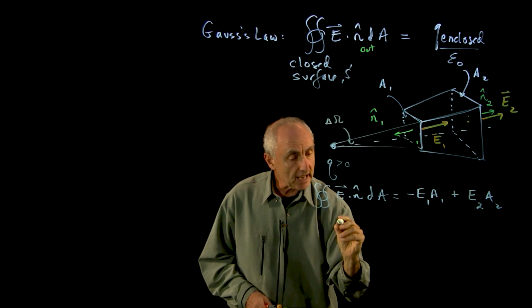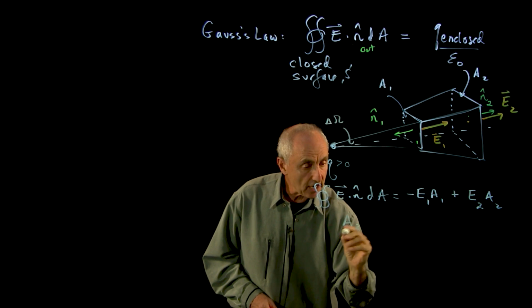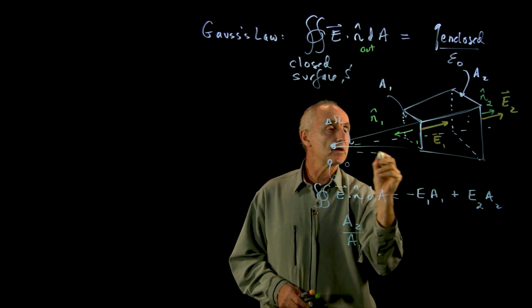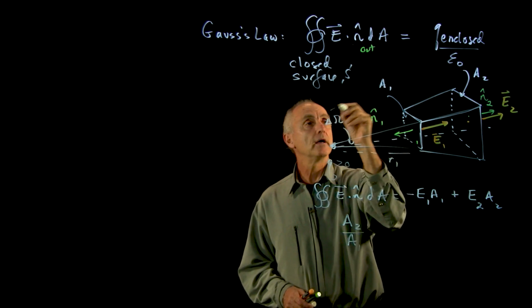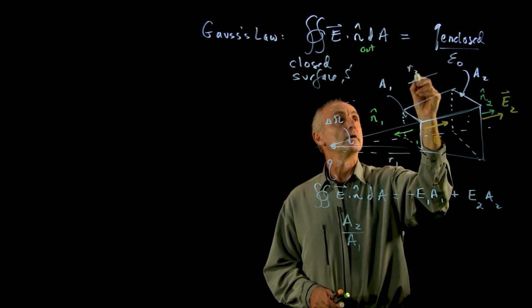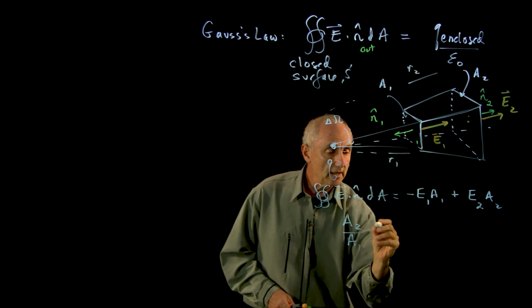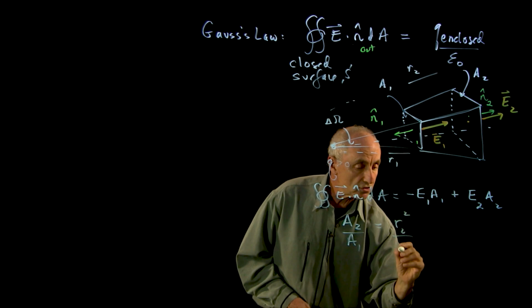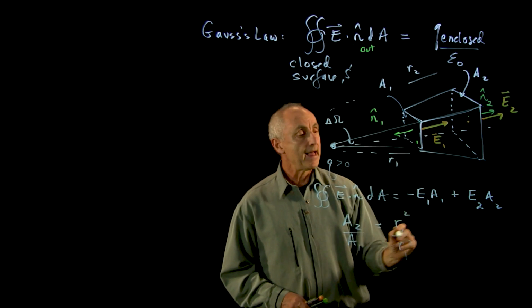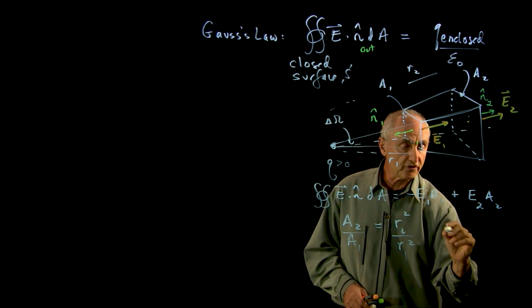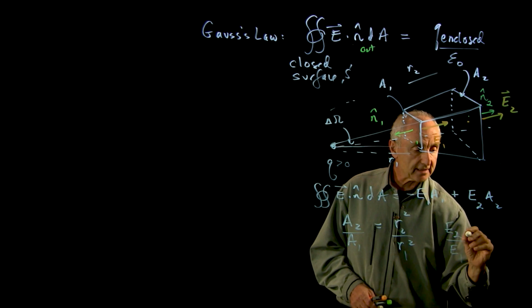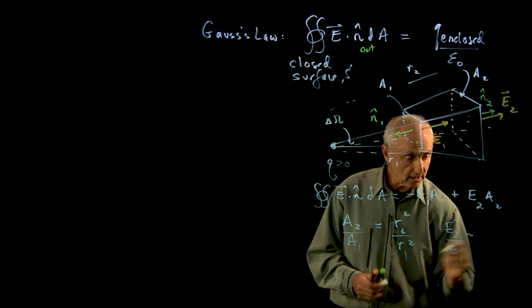Now, what we know for a very small solid angle here, if this is a distance R1, and going out here is a distance R2, then the ratio of the areas goes like the distance squared. And the ratio of the electric fields goes like the inverse distance squared.